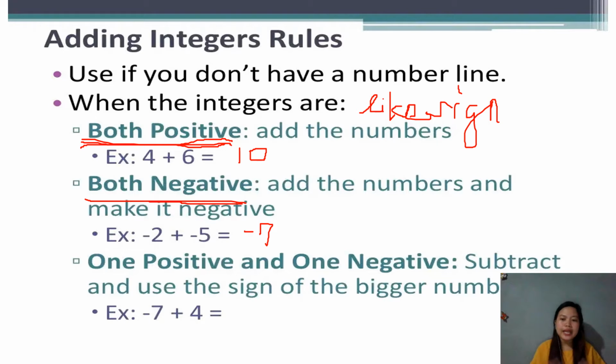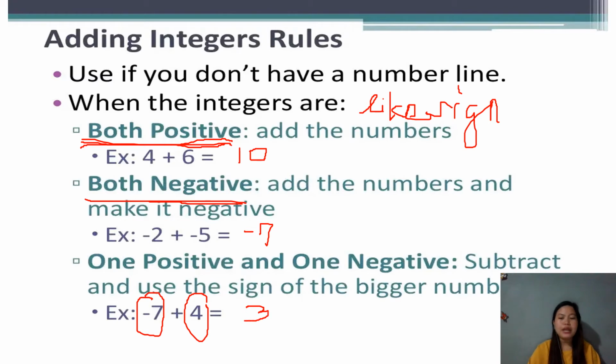With unlike signs, meaning one is positive and one is negative, what we do is subtract, and then we copy the sign of the bigger number. For example, negative 7 plus 4. The 7 is negative and the 4 is positive, so they are not the same sign. We subtract: 7 minus 4, that is 3.